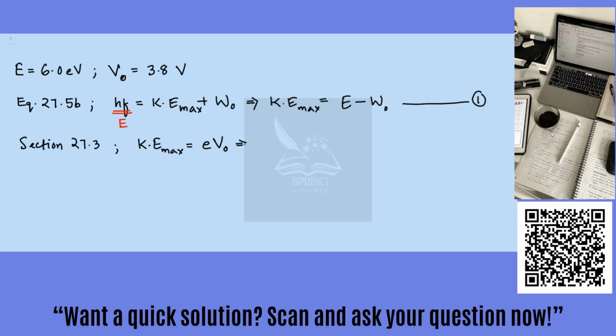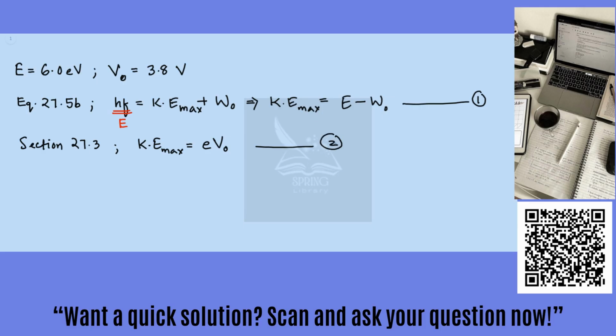So the maximum kinetic energy here. Okay, so let's use this later. Now we will plug this value of kinetic energy into this equation, and let's call this equation 2.